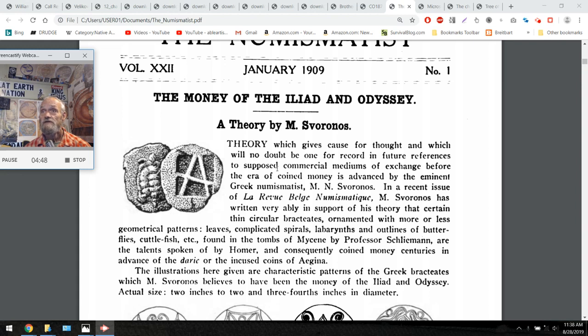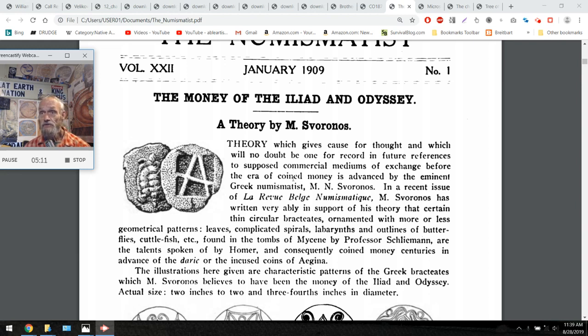a theory which gives cause for thought and which will no doubt be one for record in future reference to supposed commercial mediums of exchange before the era of coin money, is advanced by the eminent Greek numismatologist Svoronos.